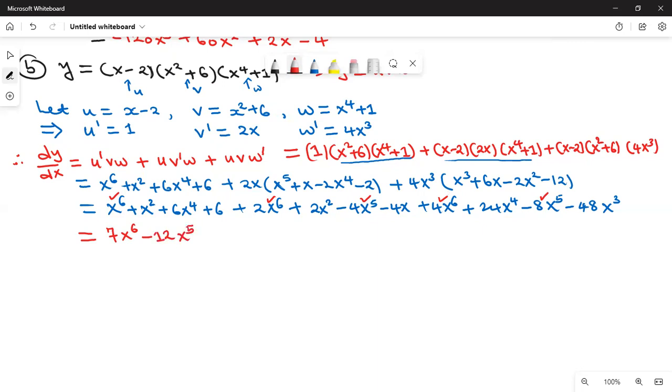Any other? x raised to 4, we can see the 6 plus 24, that is 30. So that is plus 30x raised to 4. X cubed, I can see negative 48x cubed. X squared, we have 1 plus 2, that is 3. So that is simply 3x squared.